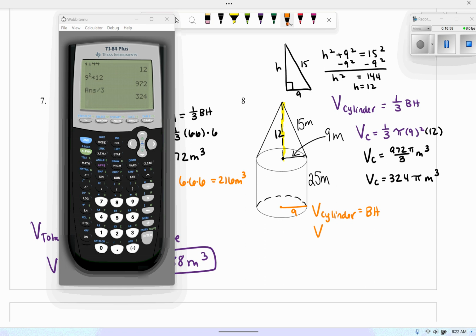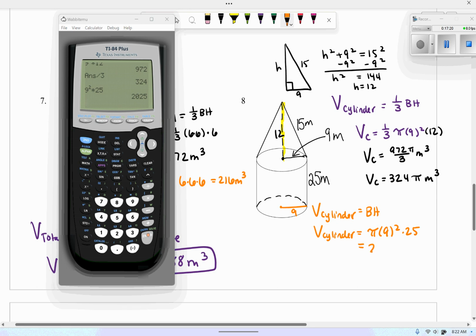So the volume of the cylinder is equal to pi times 9 squared times 25. 9 squared, we know, is 81, times 25 gives us 2025 pi, and that's again cubic meters.